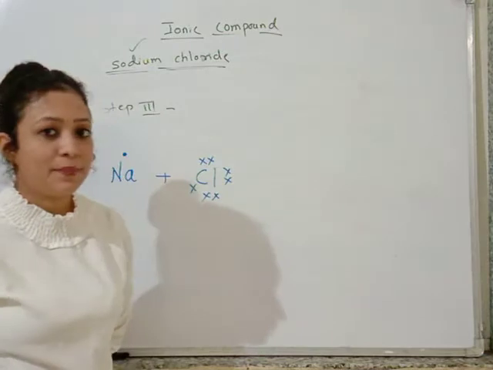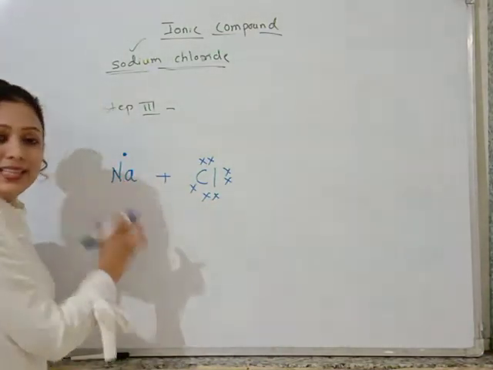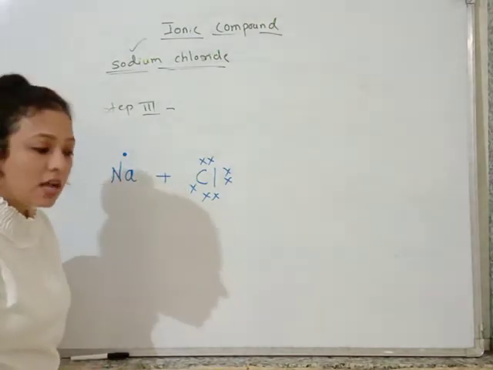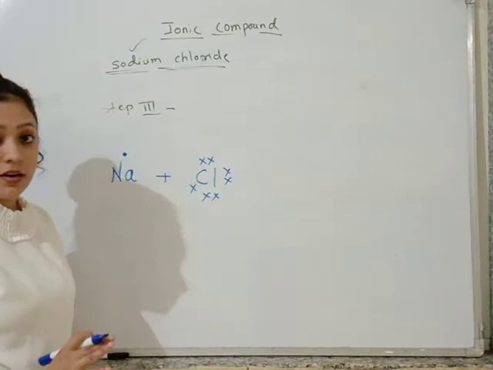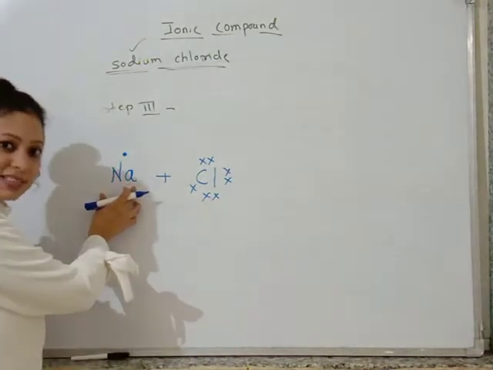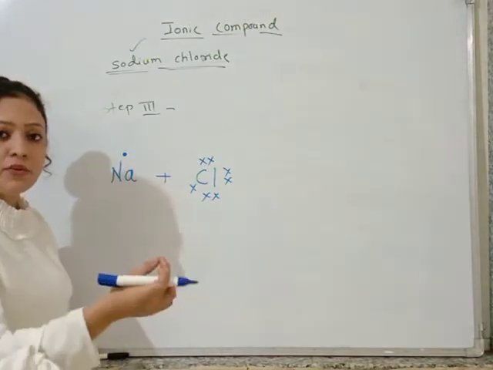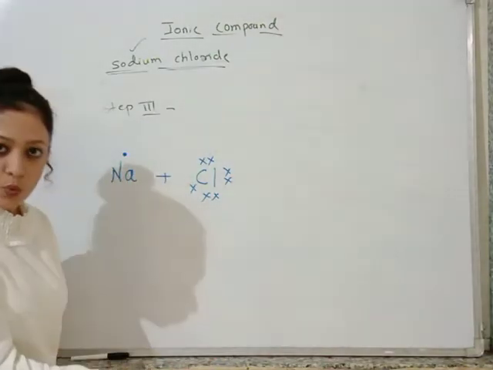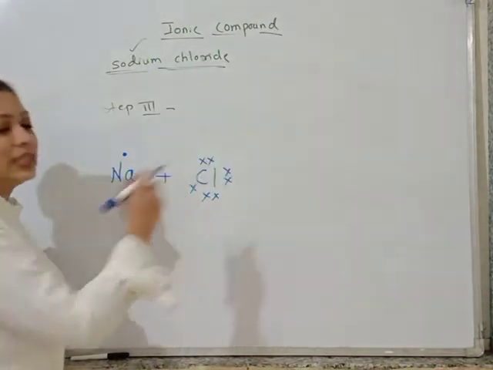So this is the electron dot structure of the metal and the electron dot structure of the non-metal. Now what do we have to represent here? This is the very important step. In this reaction you have to represent from where the electron transfers to where. Basically the electron transfers from metal to non-metal. So we will show that by drawing an arrow from the electron of the metal to the non-metal.